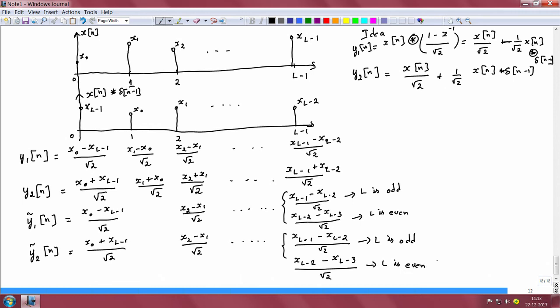Now these are the outputs after the first stage of decomposition, and we have to compute the energy of these two signals at the output. So, essentially what we are trying to prove here is, a small correction, these values are plus.